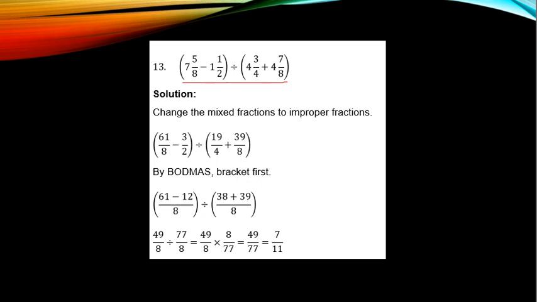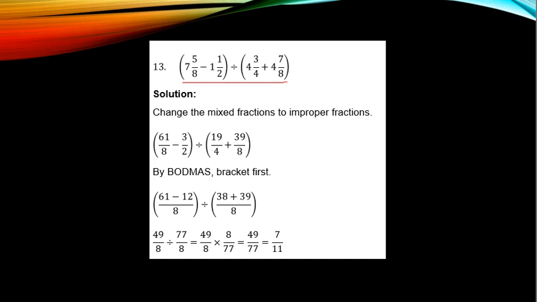What you should see first is the bracket. So from BODMAS, you need to simplify the terms in the bracket before you divide. As you are doing that, you also change the mixed fractions to improper fractions.